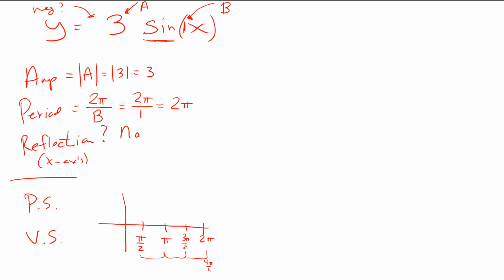It just goes up by pi over 2s. Then the normal curve goes up to 1, as we saw, down to negative 1. So the critical points are 0, 0, pi over 2, 1, pi, 0, 3 pi over 2, negative 1, and 2 pi, 0.